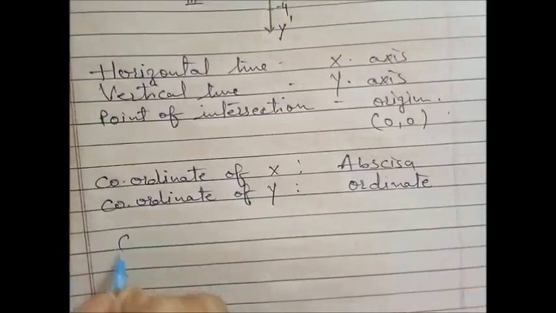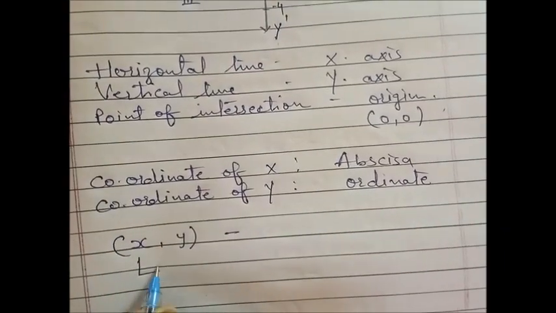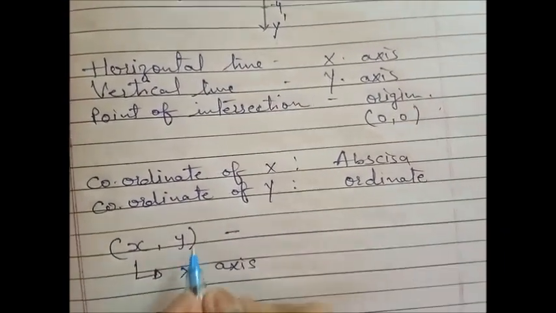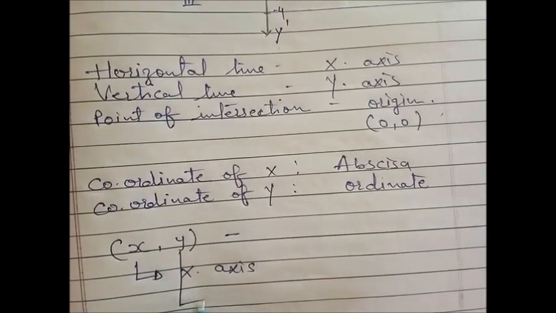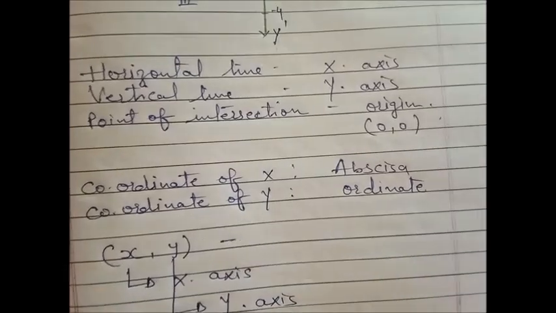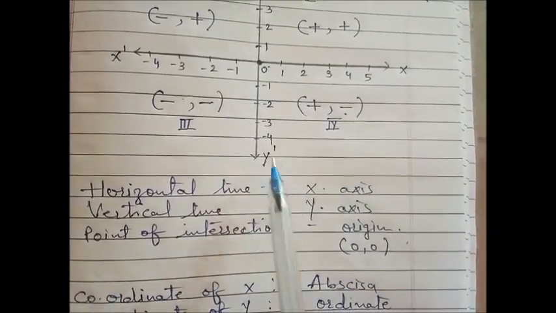Then for this x and y, the first will always be on the x-axis and the second will always be on the y-axis, right? It can be based on the sign. If it is given minus, then y can be negative, right?